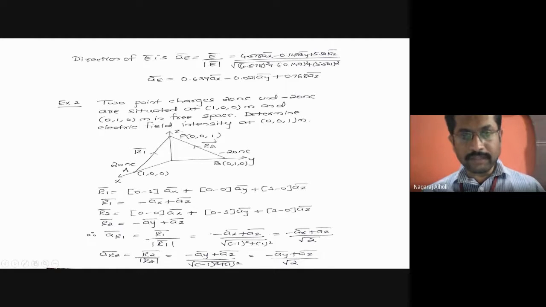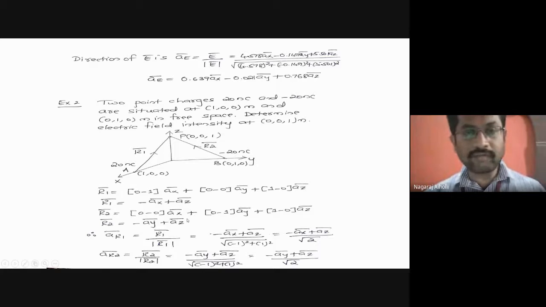The z coordinate of P is 1 and the z coordinate of B is 0, so it is 1 minus 0 into AZ bar. This comes out to: the x component will be 0, 0 minus 0 into AX bar is 0, plus 0 minus 1 is minus 1 AY bar, or minus AY bar, plus 1 minus 0 is 1 AZ bar, or plus AZ bar.